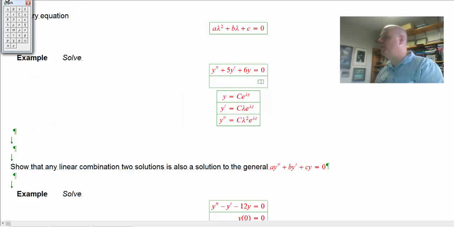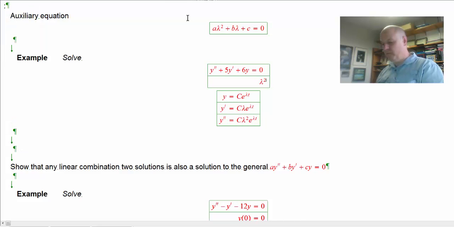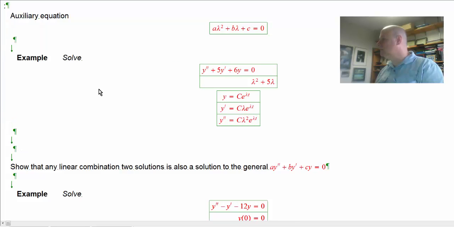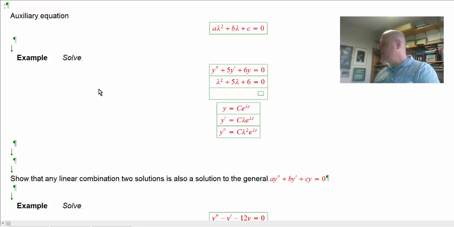So now I'm going to ask you to do this on your own, in the comfort of your own home. That would be plus 5 lambda plus 6 equals 0. And this one I can factor.